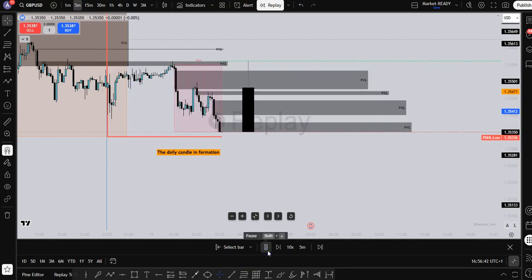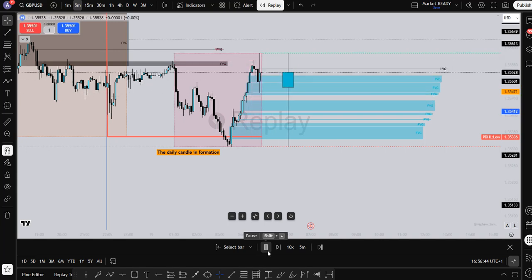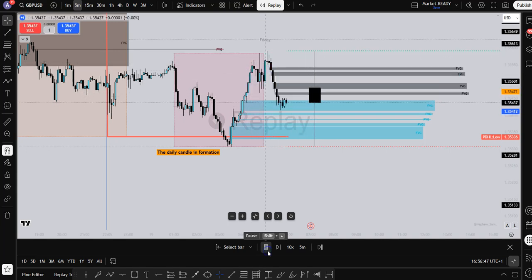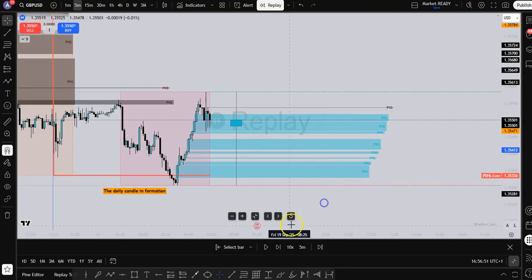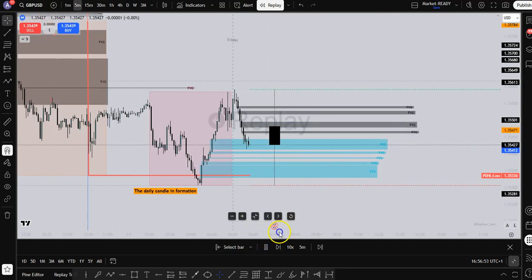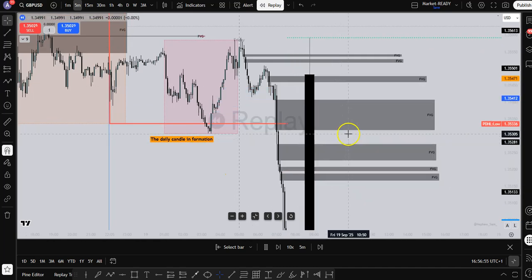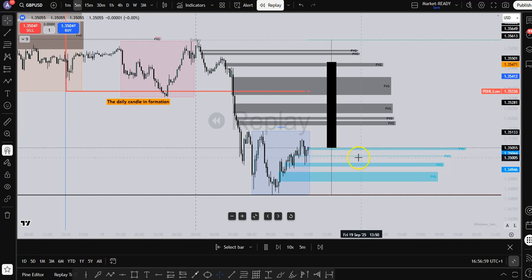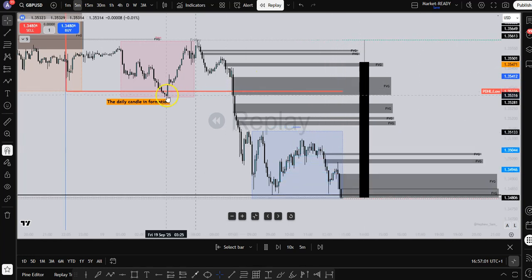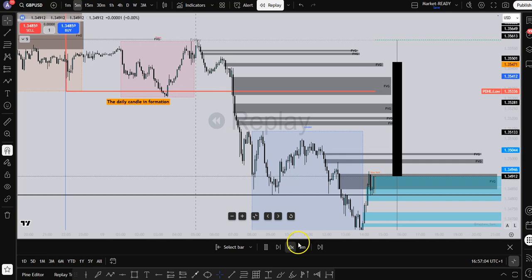You can see now we have the Asia session. At a specific time the candle returned to be bullish again. We took Asia low, and low of the day.